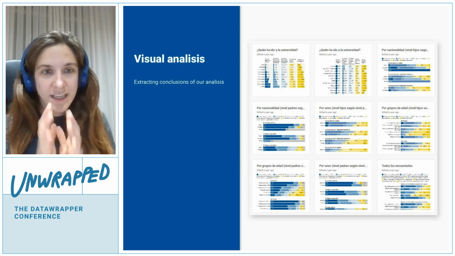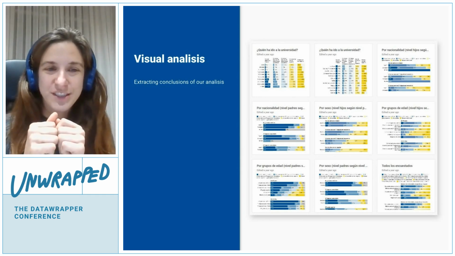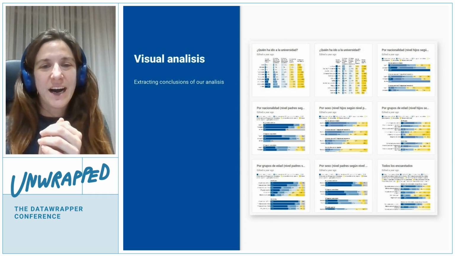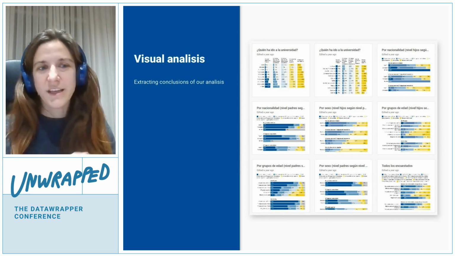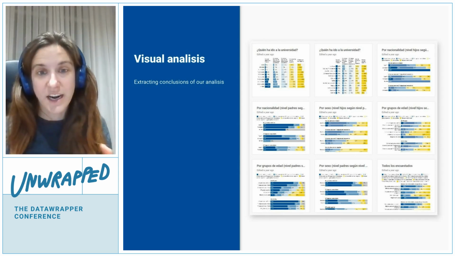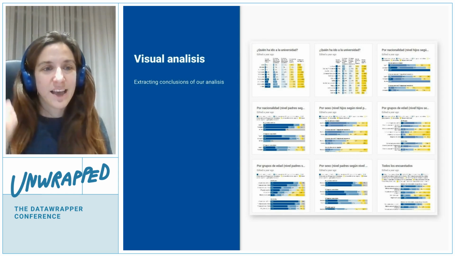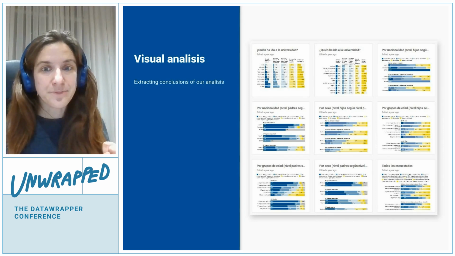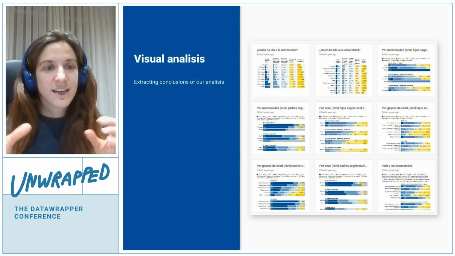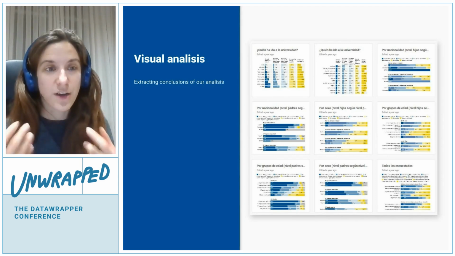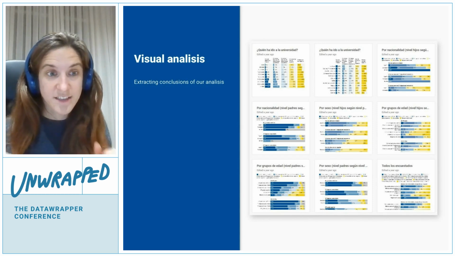For example, this, I forgot to say it before, this is an analysis we did about education in Spain. We did lots and lots of charts analyzing how the education level of parents affected the education level of their children.